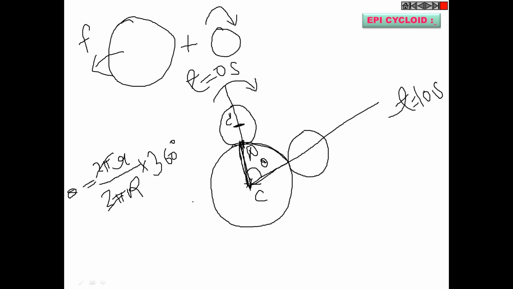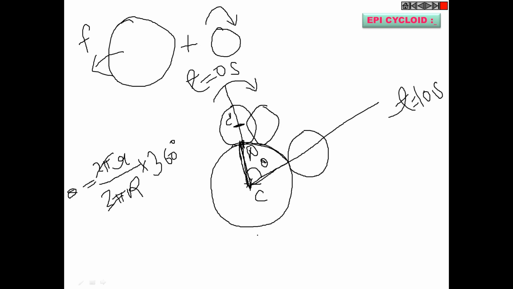Once you get the value of theta, then you can draw this sector. Once you draw this sector, you can draw this circle also. Now see, the intersection point of the smaller circle and the bigger circle is the first locus point of my epicycloid, which is capital P. Now let us assume that at time t equal to 1 second, this is the position of the circle.